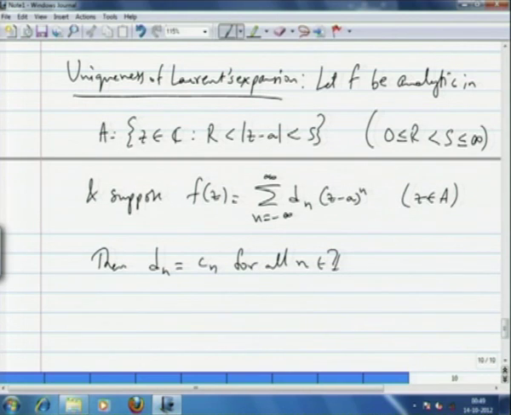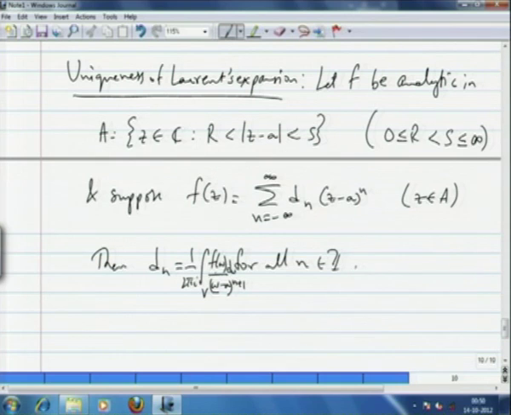I can directly say this as d n is equal to 1 by 2 pi I integral over gamma of f of w by w minus a raised to n plus 1, okay, dw.